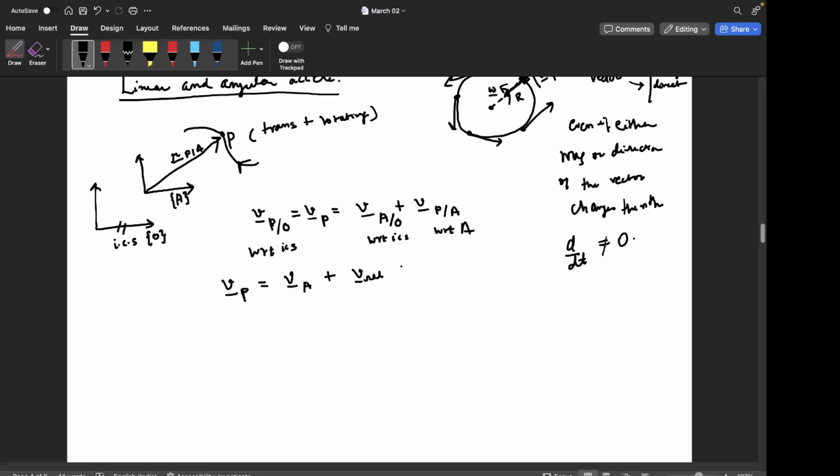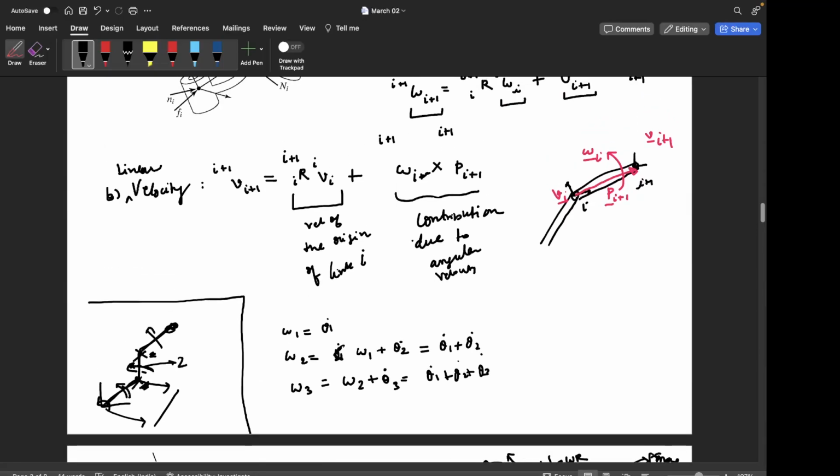So Vrel plus omega cross the position vector of P in the A frame. Again, this is the same thing I just wrote here, that it's the velocity of the frame itself and the omega cross r term.